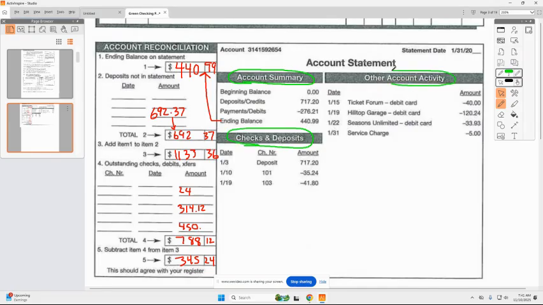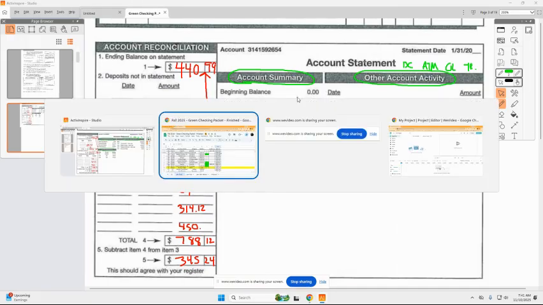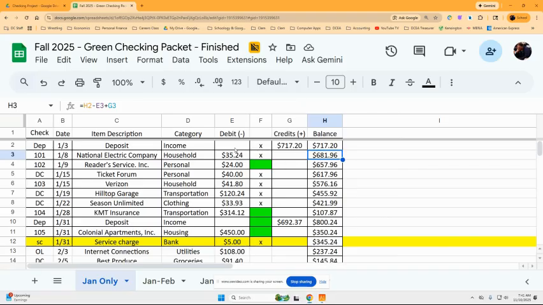The bank thinks we did other account activity like, say, debit cards, ATMs, and eventually online payments, transfers. All of that's over here, right? So there's kind of three chunks of information from the bank's point of view, and there's our one chunk of information from our point of view.